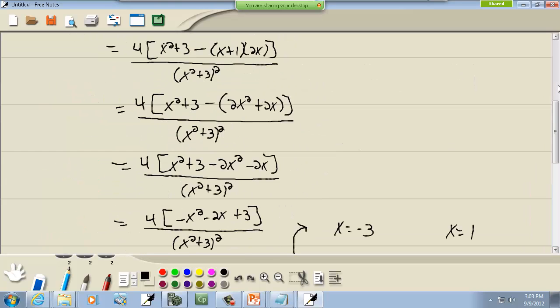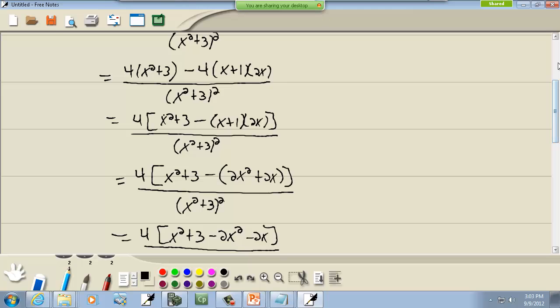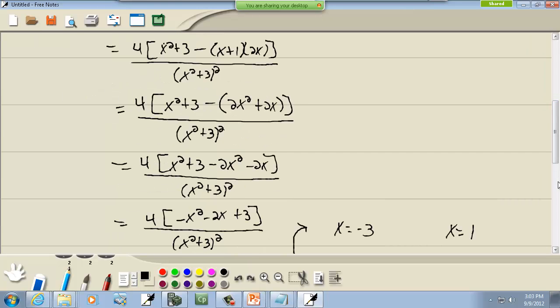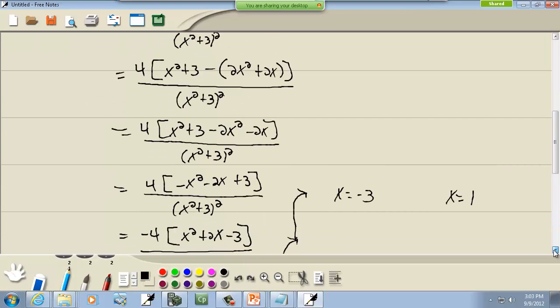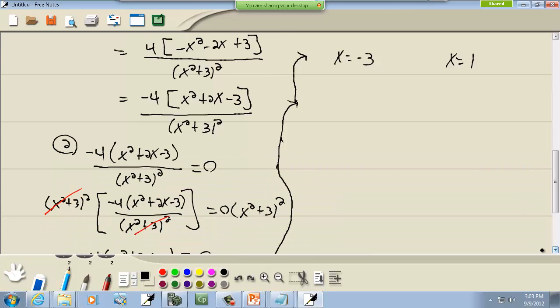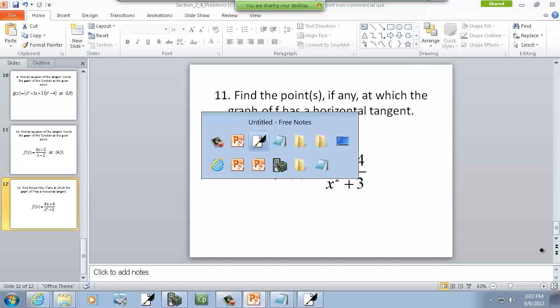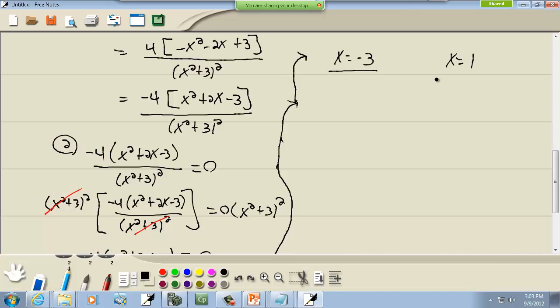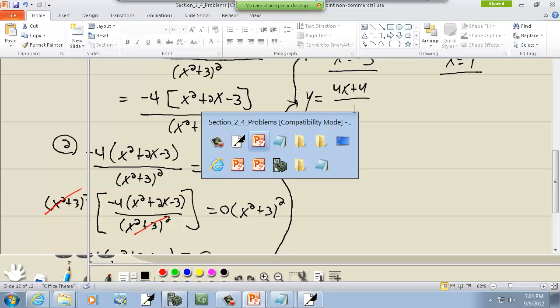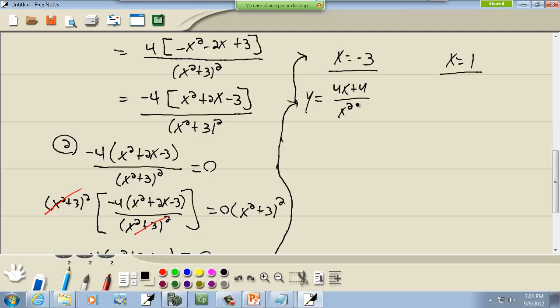Well, now we need to find, the question was, find the points. So now we need to take these values and plug them into our original function and get our y part. So f of x, which is the same as y, is equal to 4x plus 4 over x squared plus 3.